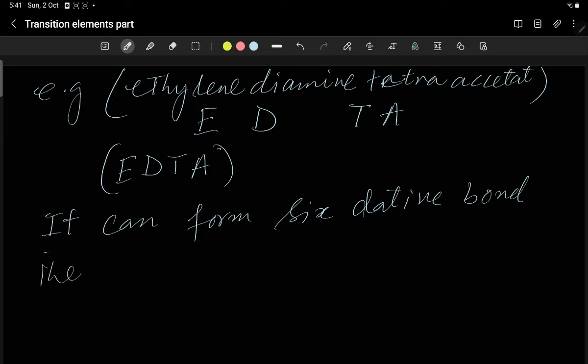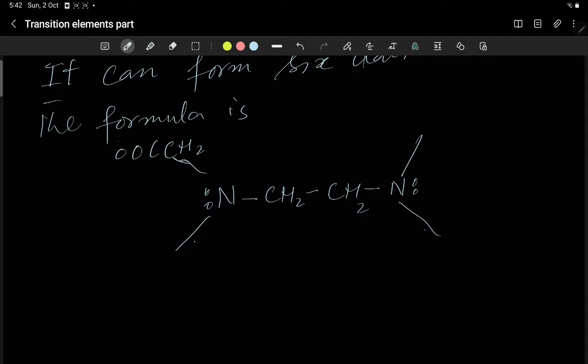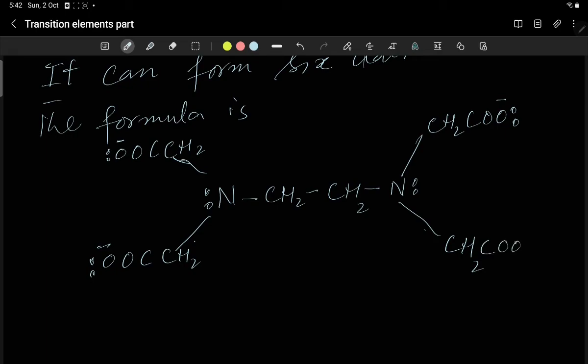The formula has CH2COO negative groups, and each has a lone pair. So this molecule has six lone pairs which can form six dative bonds.